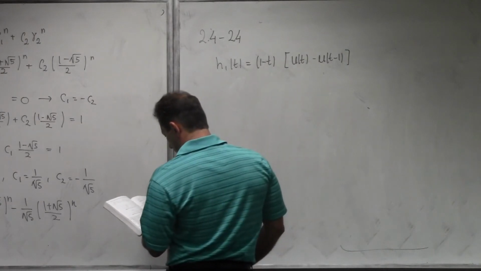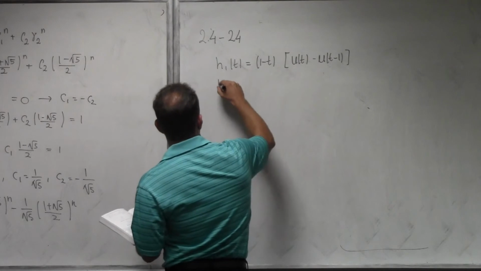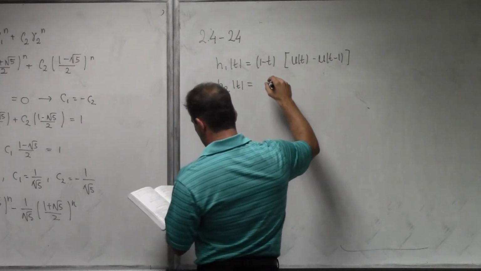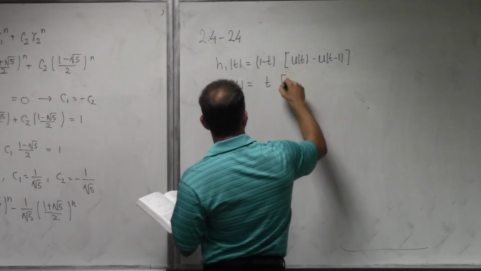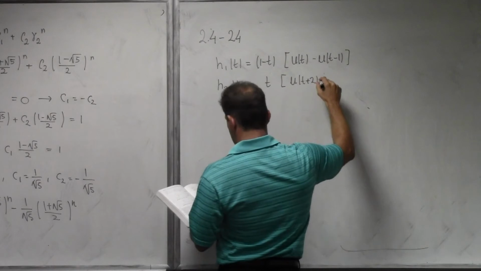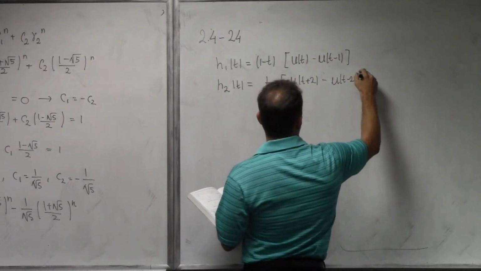And H2 of t is a different one that has an impulse response t times [u of t plus 2 minus u of t minus 2].